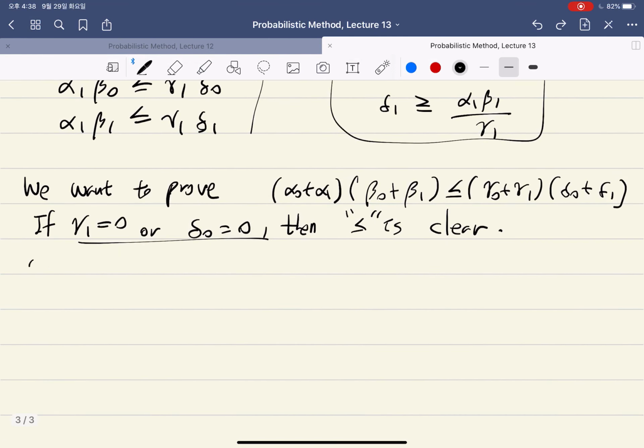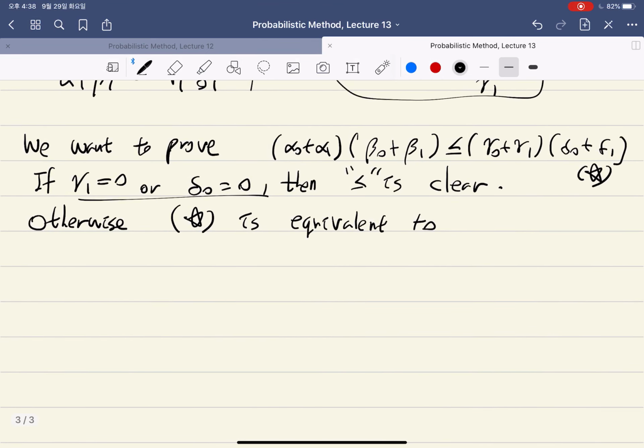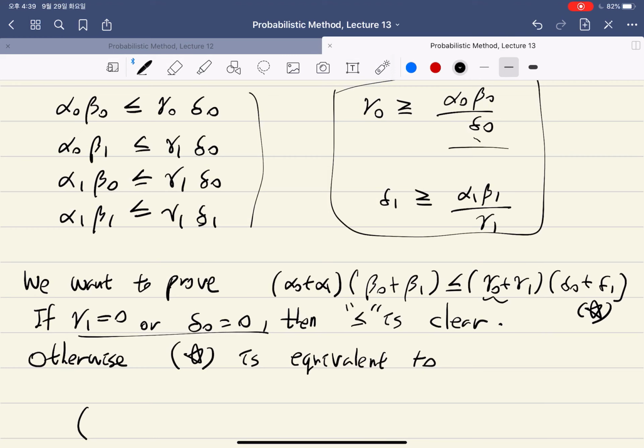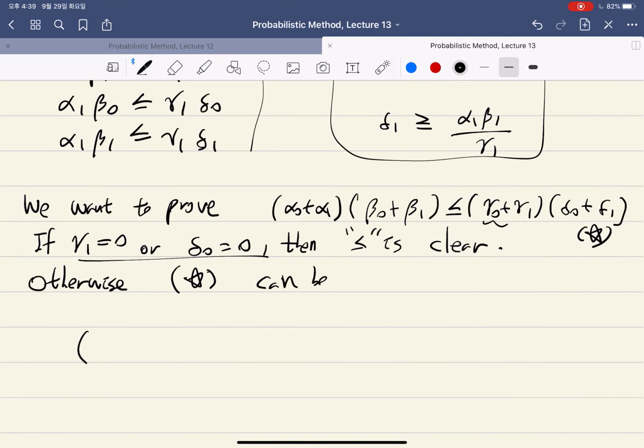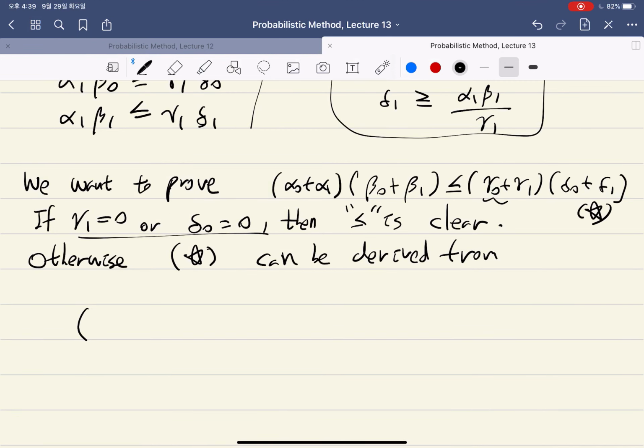So using this, let's not say equivalent to, this can be derived from alpha 0, beta 0, delta 0.